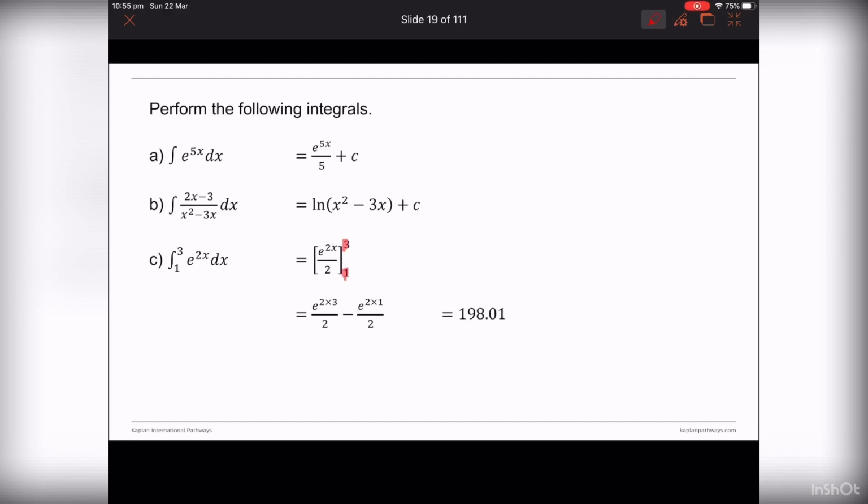To find e, it's not shift, it's alpha then pi, I think, from your calculator. Anyway, it's in your calculator, it's e. So you do e to the power 6 minus e to the power 2 divided by 2. That will give you this answer.